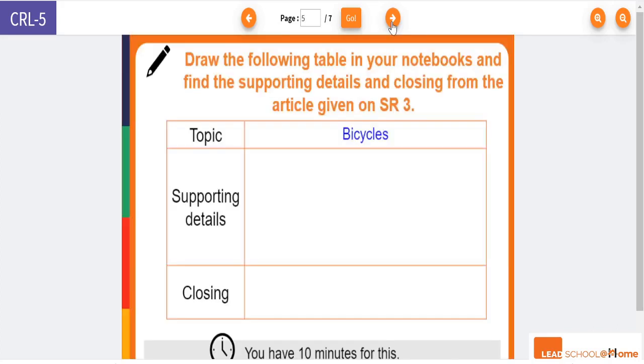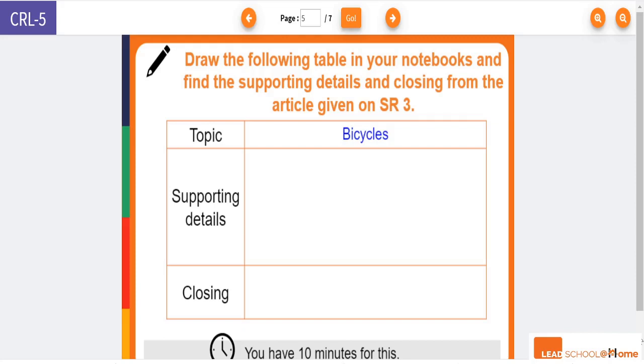I want you all to draw this table in your notebook and find the supporting details and closing from the article given on SR3. Please open the notebook to a fresh page and draw this table in there.